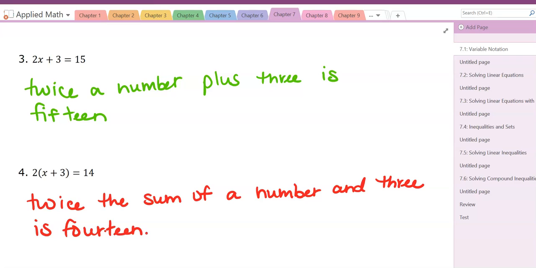If we think about order of operations here for 3 and for 4, the first thing you would do, if you knew what x was, is the parentheses. You would take x plus the 3 first and then multiply by 2. That's why they're written a little bit differently, because technically they say different things, since they have different order of operations happening.